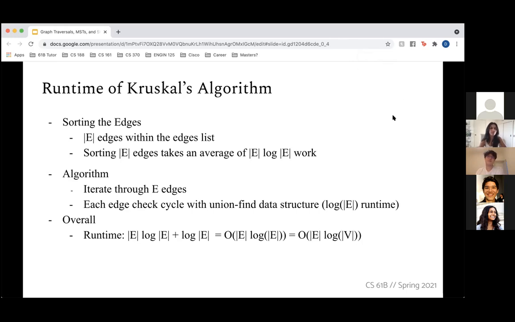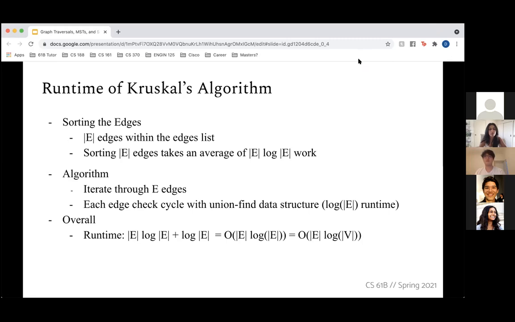But if you remember our log rules from when we covered asymptotics, log of E squared can be rewritten as 2 times log of E. And obviously, when it comes to asymptotics, we get rid of coefficients. So it might be easier to conceptualize it in the E log V scenario, but that also means that E log E is also necessarily true.